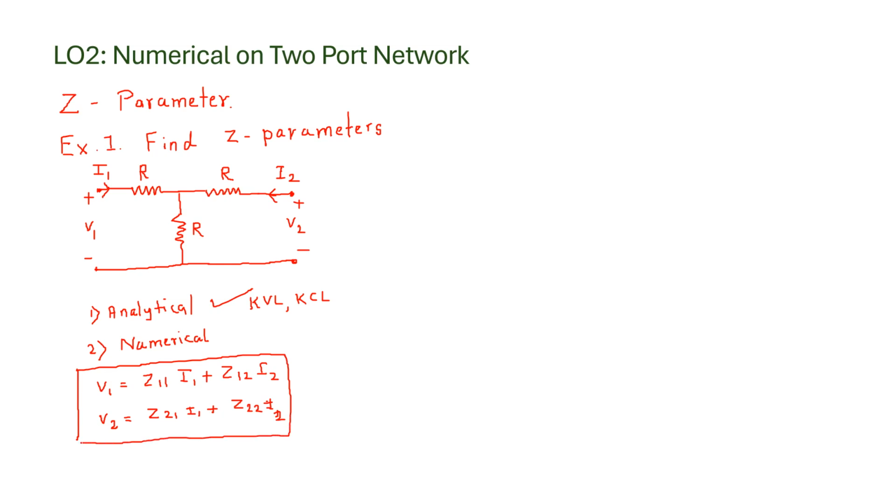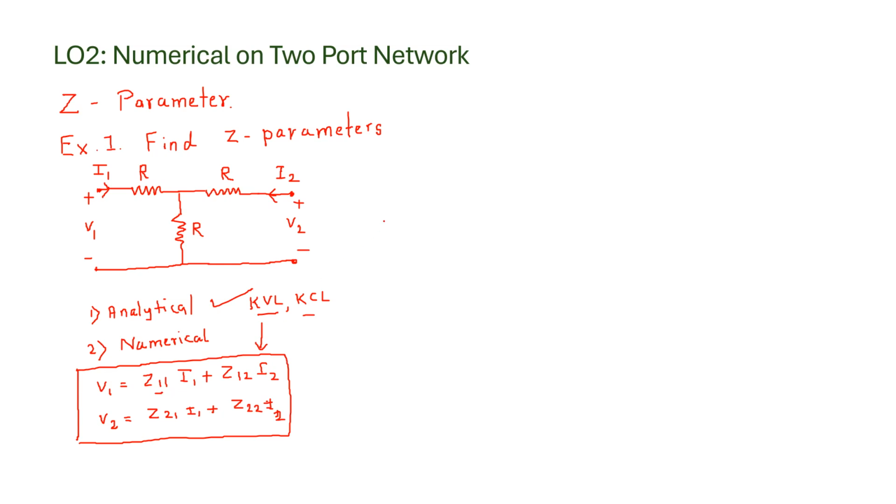So what is done in the analytical approach: KVL equations, or maybe also KCL equations, are written for the given circuit, and those equations are rearranged or manipulated so as to bring them to this standard form. Then from that equation, by comparison, we can get the Z parameters.